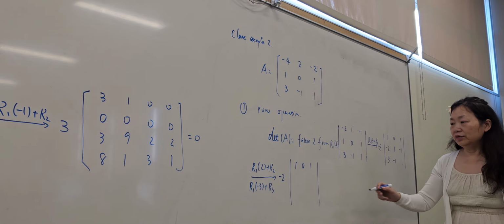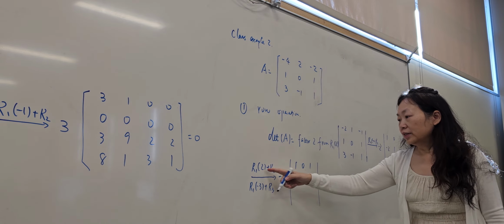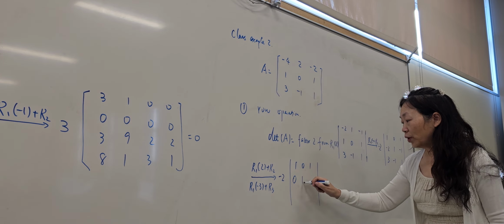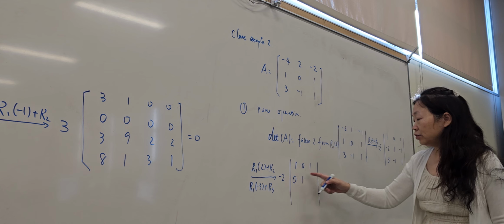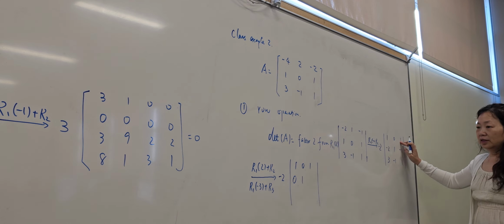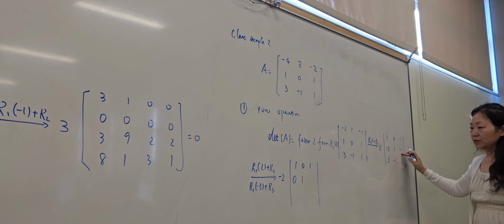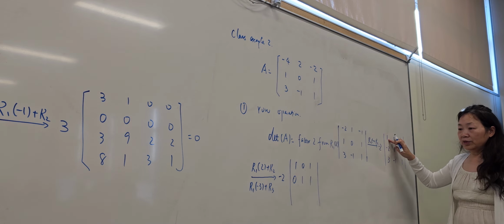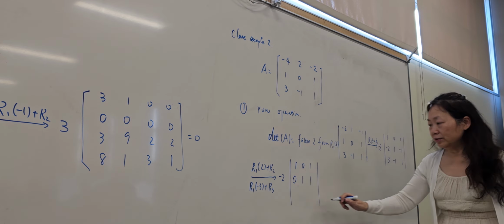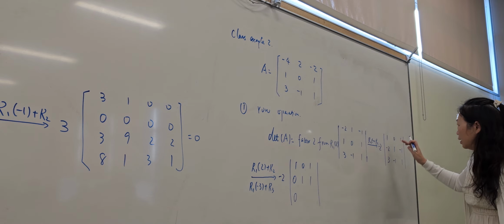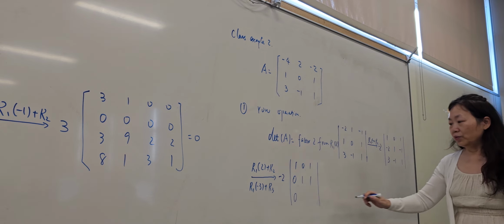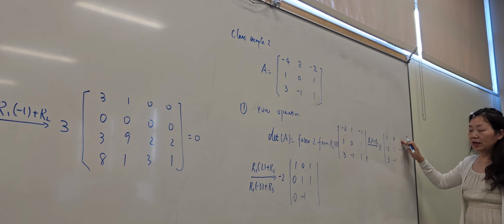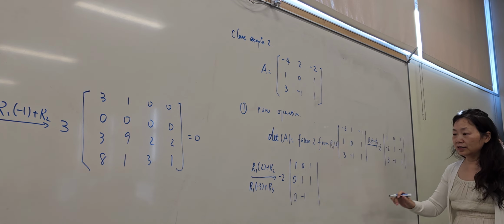That becomes 0. Times by 2, add to row 2 is a 1. Times by 2, add to here becomes 1, okay? Times by negative 3 add to here is a 0. Times by 3 add to here is still negative 1. And then times by negative 3 add to here is a negative 2.